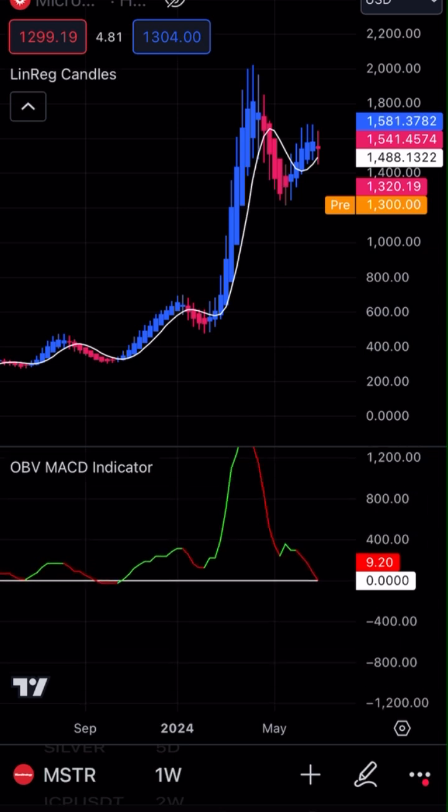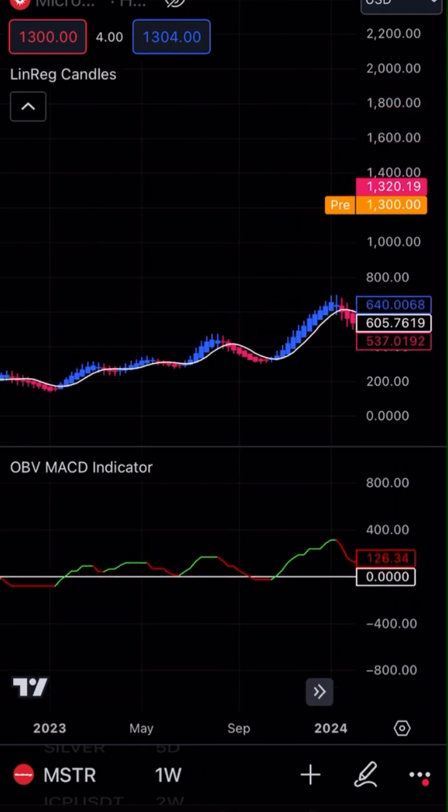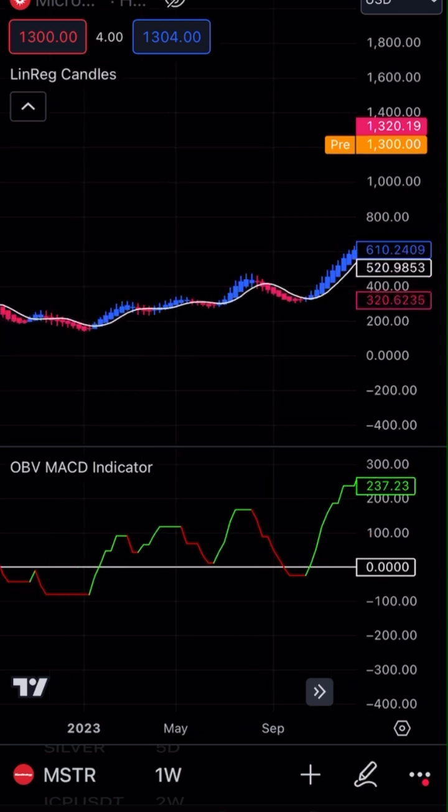The candles have to be matching what the MACD is doing. So what you want to look for is crosses. The MACD needs to cross, and you need to see it happen with the linear regression candles.